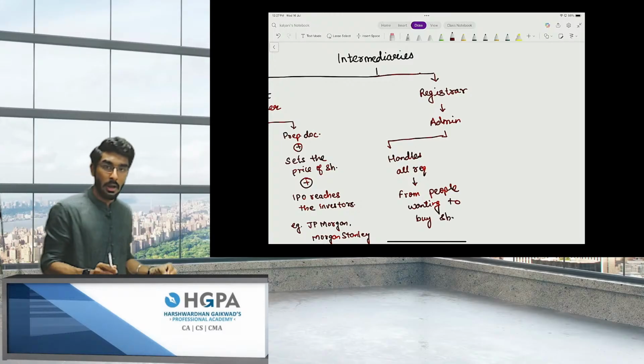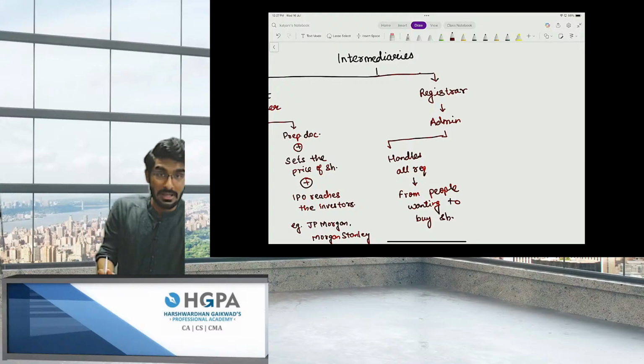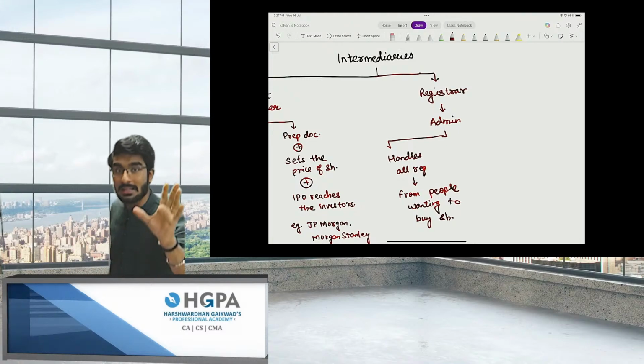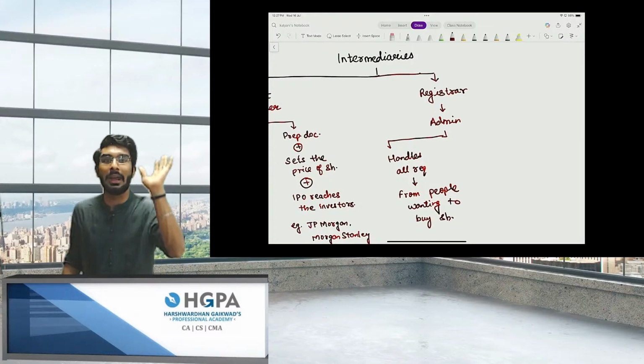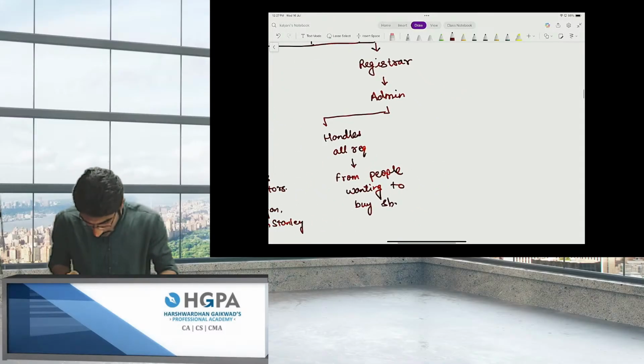So registrar handles all the requests with respect to shares and ensures that people who want to buy shares, they can buy the shares, and ensure that right number of shares are given to right number of people at the right price at the right time. This is the work of a registrar people.